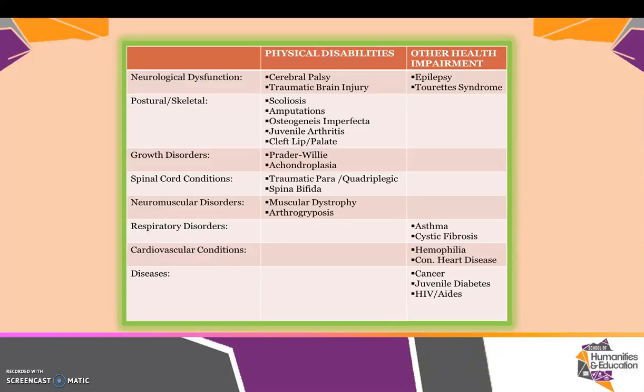And other health impairments under that category, some of the labels would be things like epilepsy, Tourette syndrome, asthma, HIV and AIDS, cancer. And it's important to note, teachers, that even students with health impairments, they have to be provided with the appropriate accommodations and modifications to meet their needs.